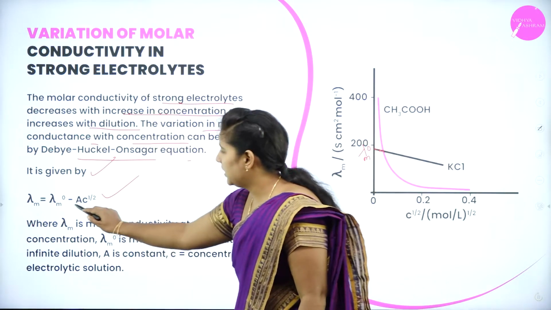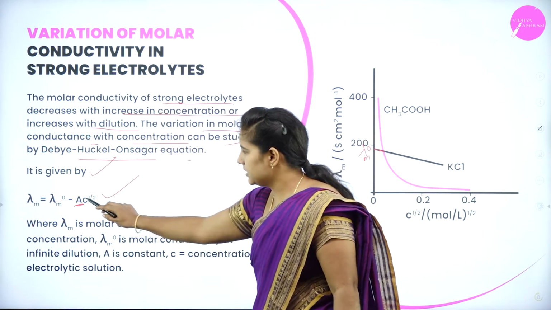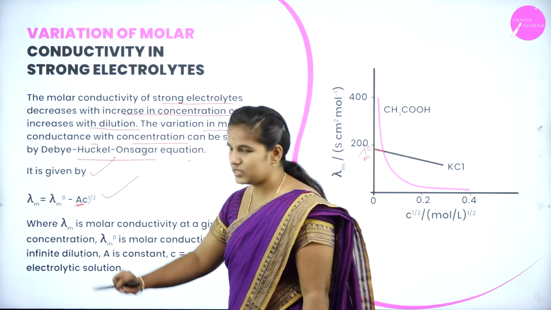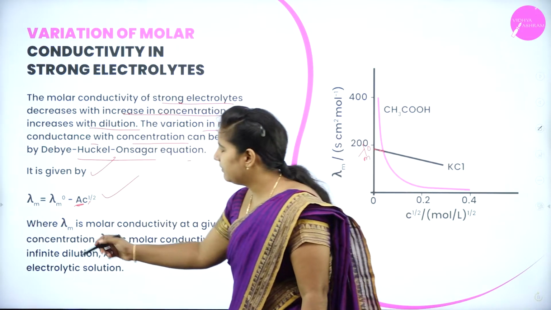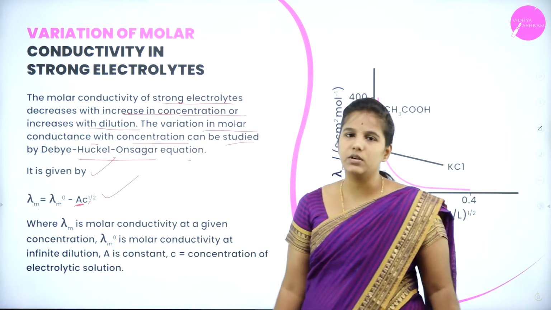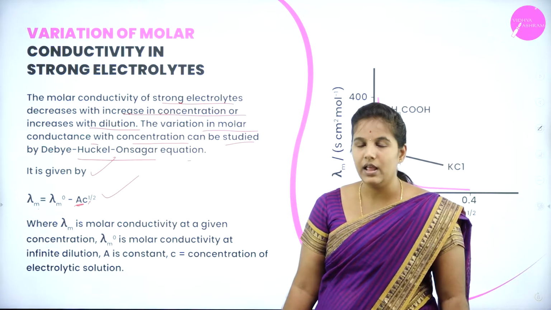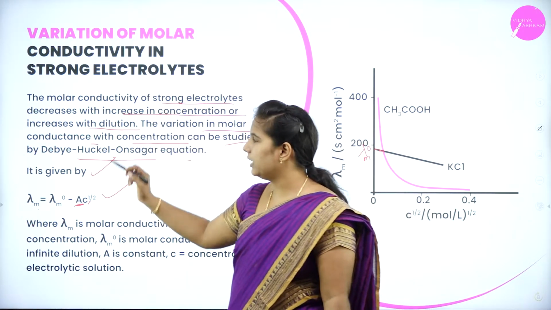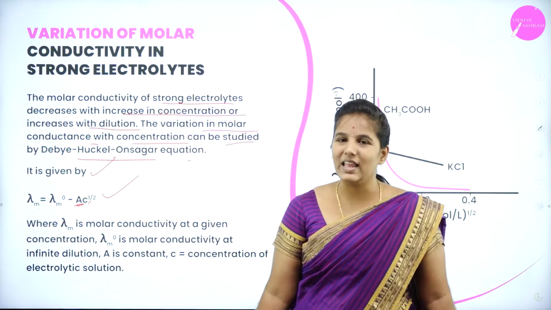Here, A is a constant and C is the concentration of the electrolytic solution, lambda m naught is the limiting molar conductivity, and lambda m is the molar conductivity. So, the entire graph can also be understood by using this equation.